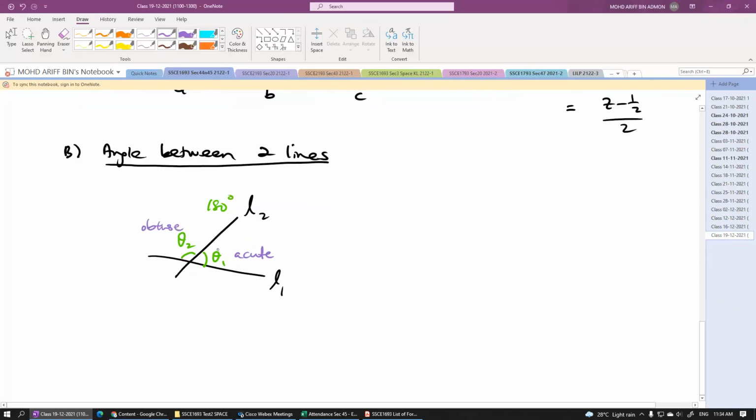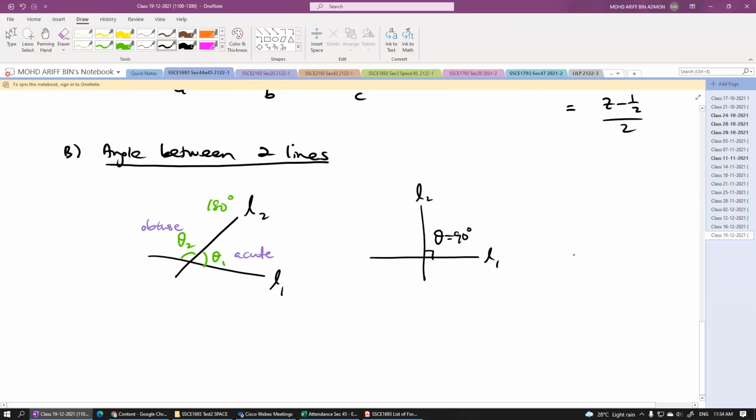That is obtuse. How about if your theta equals 90? You are getting perpendicular lines, or what we call orthogonal. This is perpendicular or orthogonal.